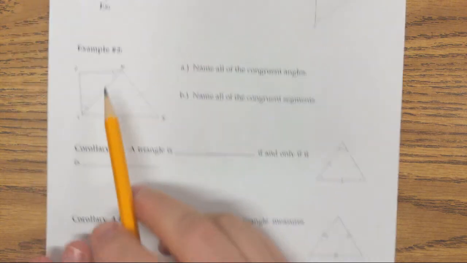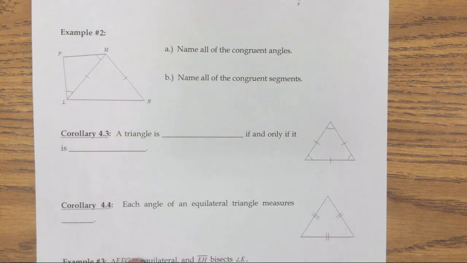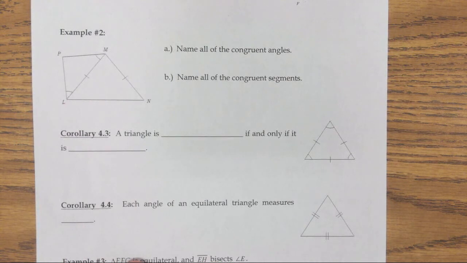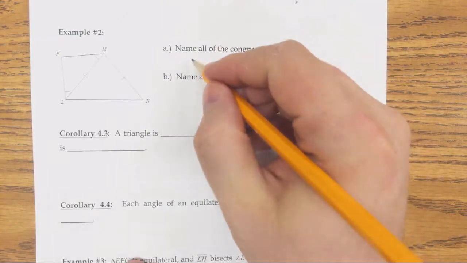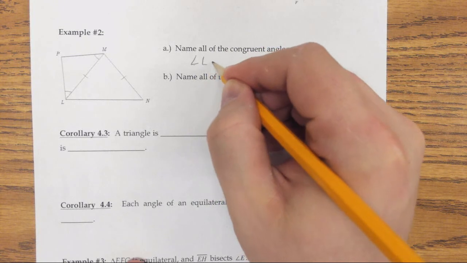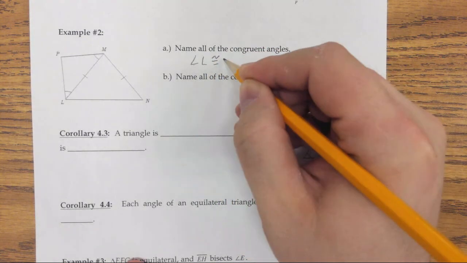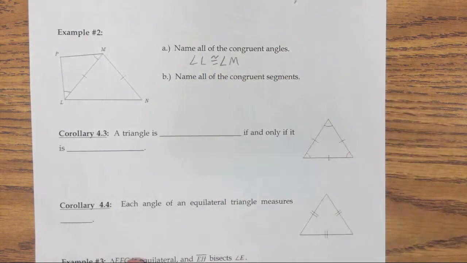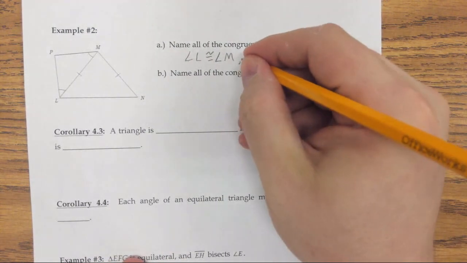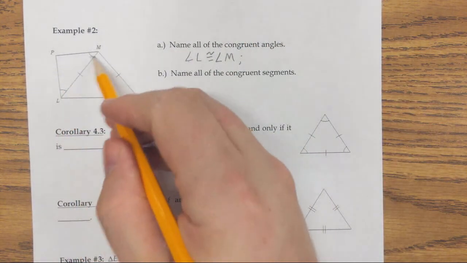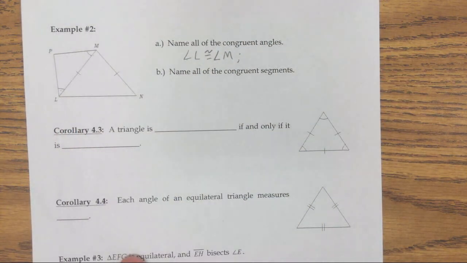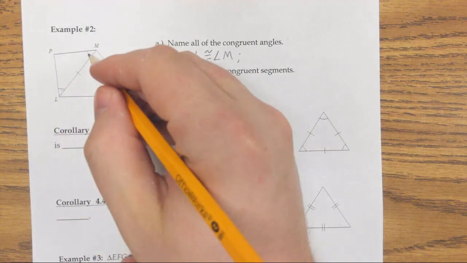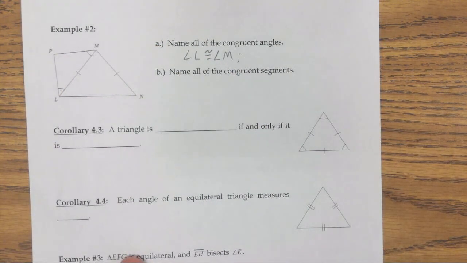So right here in this example, it says name all of the congruent angles. Well, I know that angle L is congruent to angle M. Okay, that's one pair because it's right there given to me. These little lines a lot of times will mean congruent when you talk about congruency.